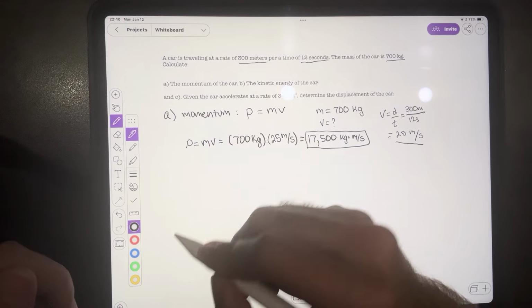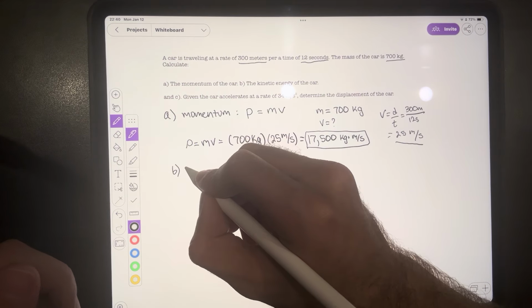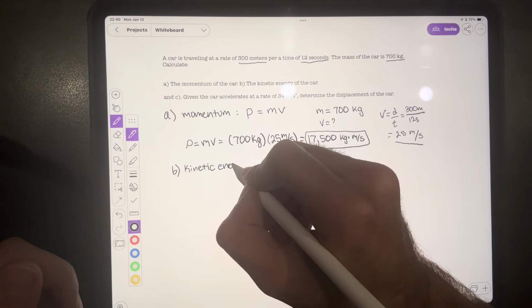Now, for the next step, we want to determine the kinetic energy of the car.